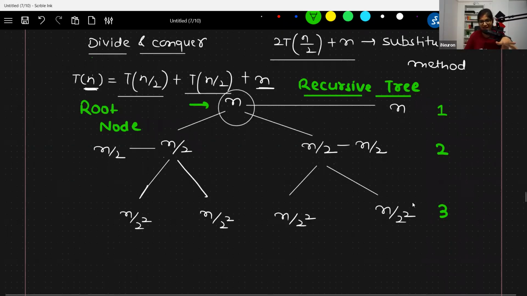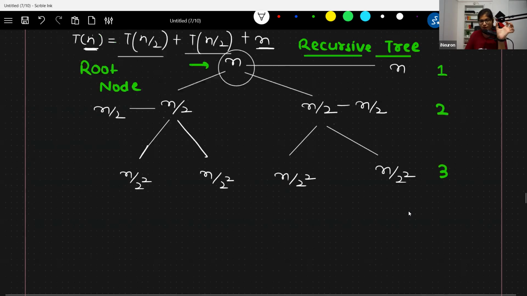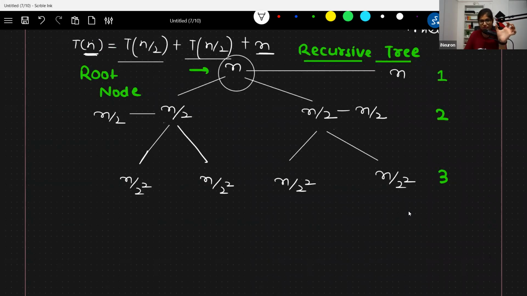Now the question is, what is the total cost required in level number 2? It will be n by 2 plus n by 2. So can I say in total it will be equal to n? So in the second level, the operations also take n cost.